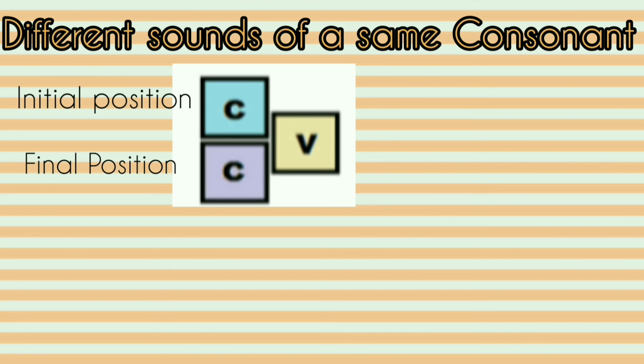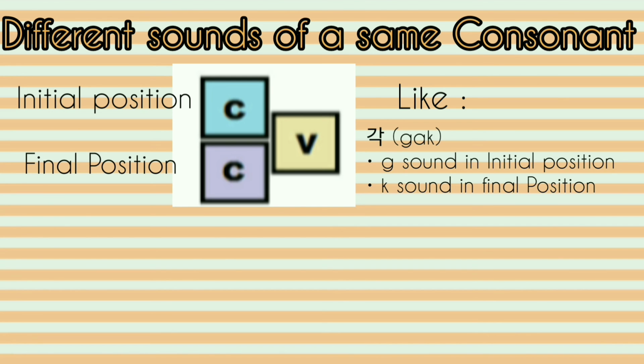If a consonant is used in the initial position or in the final position, it can give different sounds. But it is not that difficult to remember. You just need to practice a little bit and become familiar with the sounds of the consonants, and then you can very easily recognize which sound a consonant is supposed to give while you are reading Korean.